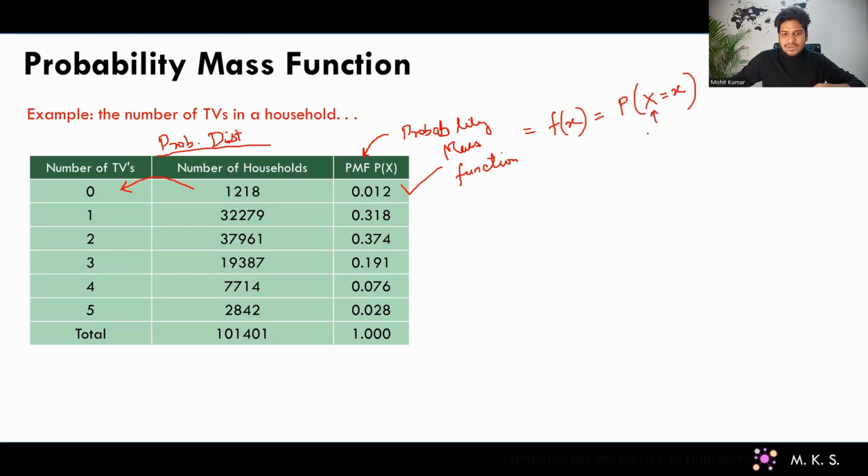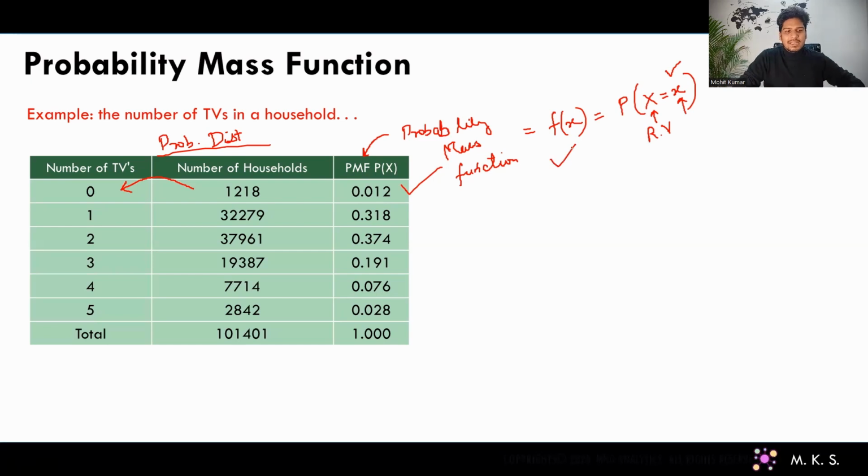Capital X is the notation for the random variable, and the values it takes we represent using small x. This is the notation every book has. So the probability of the random variable taking a particular value small x, we call the probability mass function.